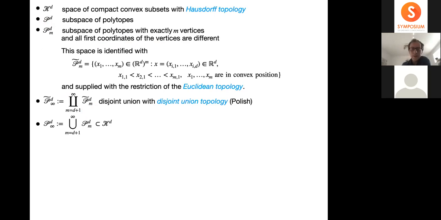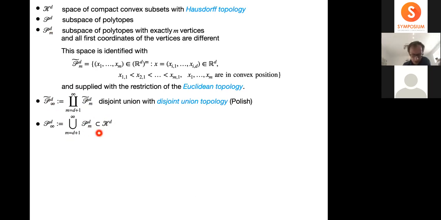You just take the disjoint union of these representation spaces, and you supply this with the disjoint union topology, induced by the Euclidean topology in each of these factors. Again, this is a Polish space. And with what can this be identified? Well, with the union of all these spaces here.